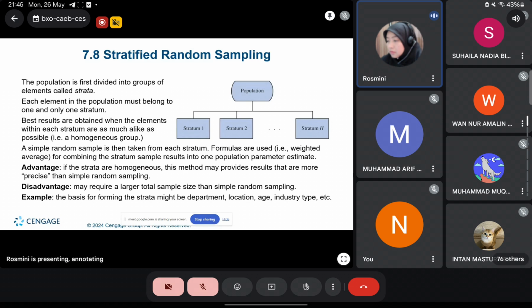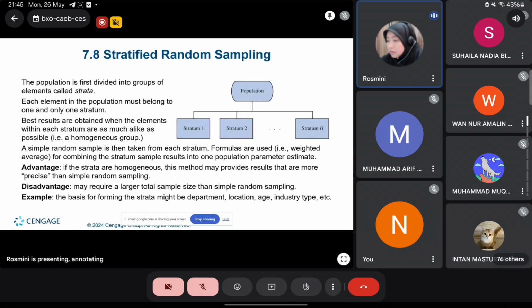Cluster is also the same thing, but the difference is this. For example, let's say you go to schools and want to find out whether students have the means to use Wi-Fi to do an online class.